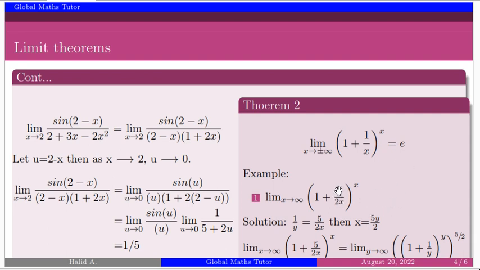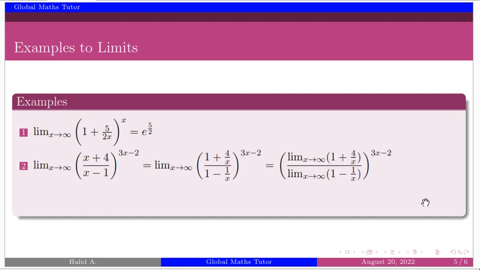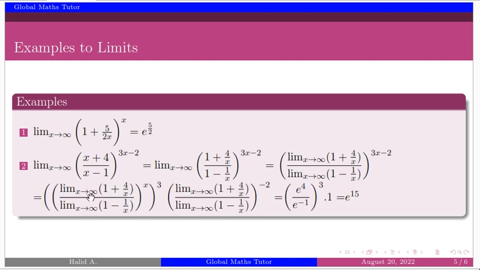So here this 5 becomes the power, and this 2 is also the power under. So if there is a term 4, it will be e to the power of 4, and this will be e to the power of minus 1. So these limits have the value of e to the power of 4 and e to the power of minus 1, the whole cubed, and times this one.